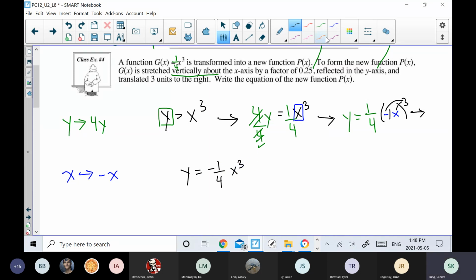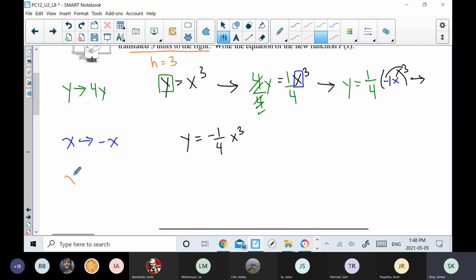Okay, I think there's one more thing that they're going to do: and translated 3 units to the right. That is an h parameter. If it's going to the right, h is 3. The replacement is an x replacement. If I want to get 3 though, remember, it's x minus 3. So this is coming out and x minus 3 is going in.